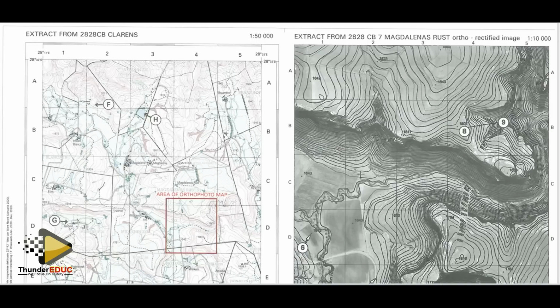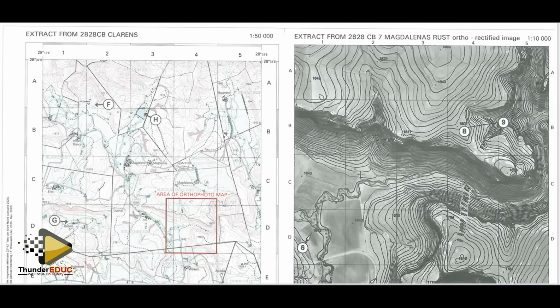Right, when identifying the exact position of a feature on the map, remember we use our lines of latitude and our lines of longitude, and in that order, we start with our lines of latitude. For this instance, we find that our spot height is in that block there.